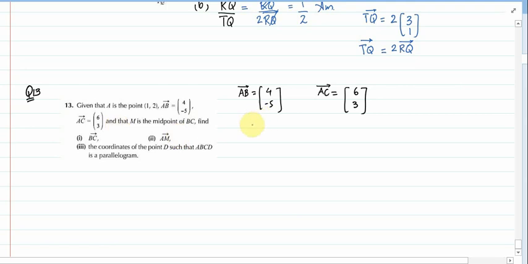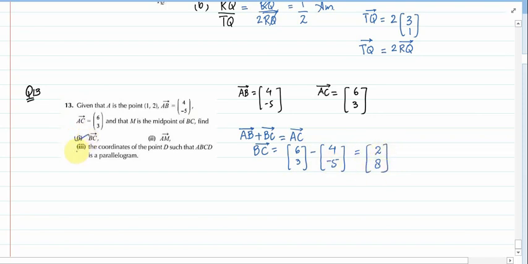So the path I will make will be AB plus BC is equal to AC, right? We need to find the vector BC. So BC is equal to AC, which is (6, 3), minus AB, which is (4, -5). So 6 minus 4, it's 2, and 3 plus 5, it's 8. So that is the vector BC.